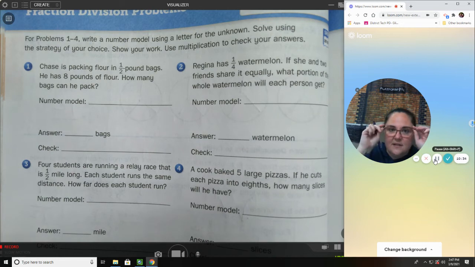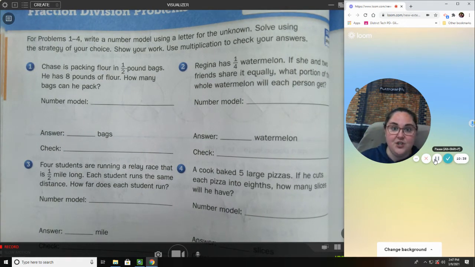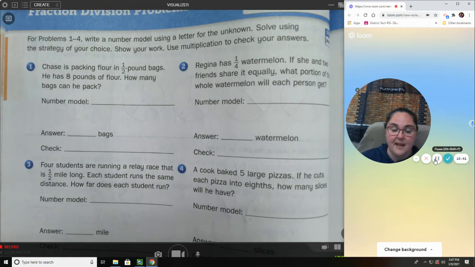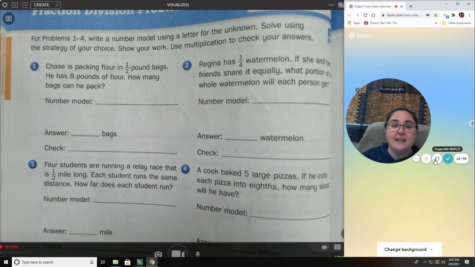Strategy of your choice. If you like how we're doing it now, great, do it. If you prefer keep, change, flip, fine, great, do it. If you would rather draw a picture, great. Find a way that works for you.